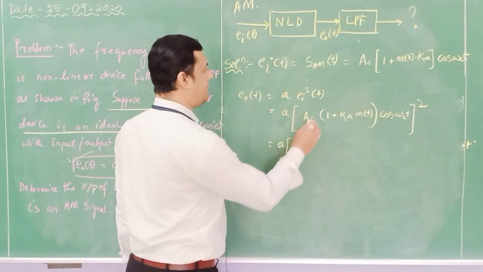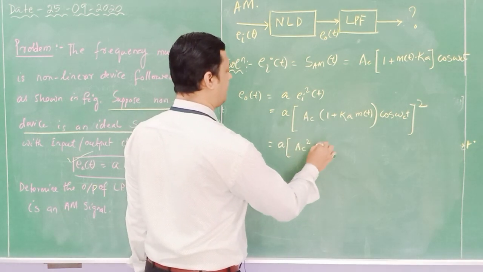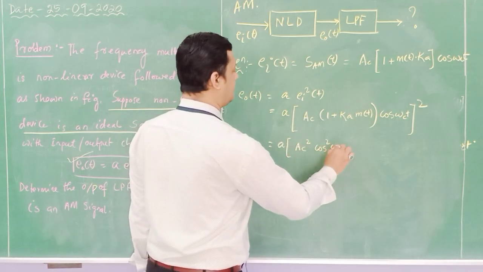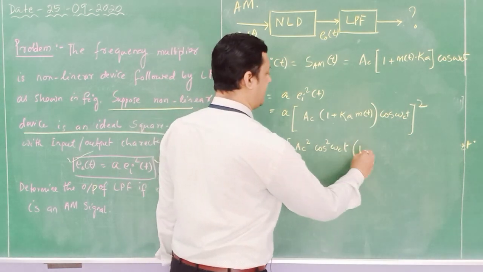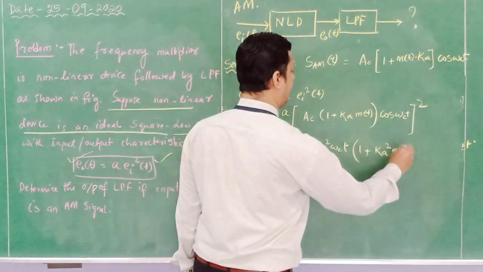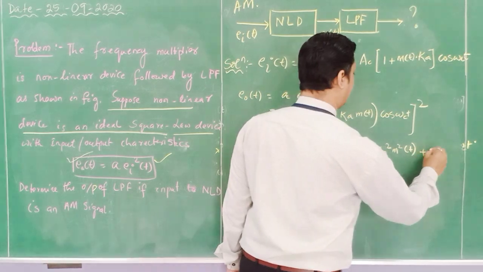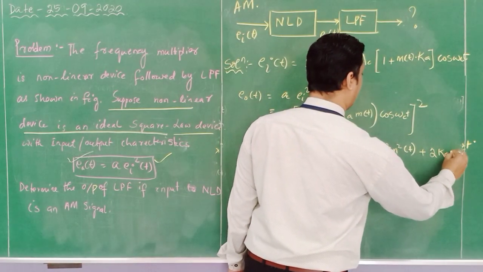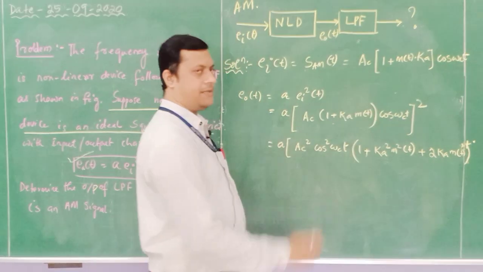If I expand this, I will get A c square into cos square omega c t, and expanding this value: 1 plus K a square m square of t plus 2 K a m of t. Done, this is the expansion.